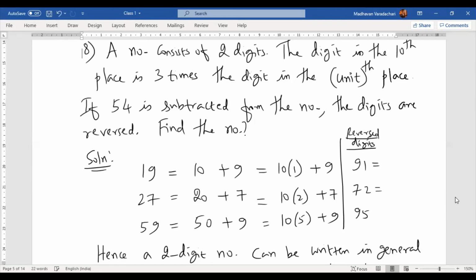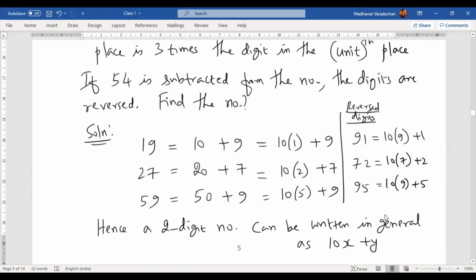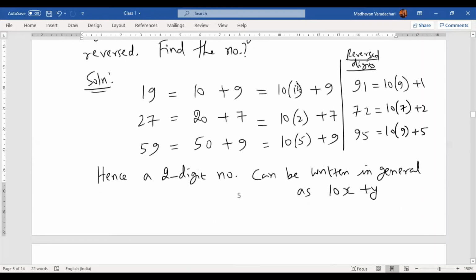How do I write this? I will write it as 10 times 9 plus 1. This is 10 times 7 plus 2. This is 10 times 9 plus 5. Just compare this and this, this and this, this and this. You may notice what happened is this x has gone to y place, y has come to x place.